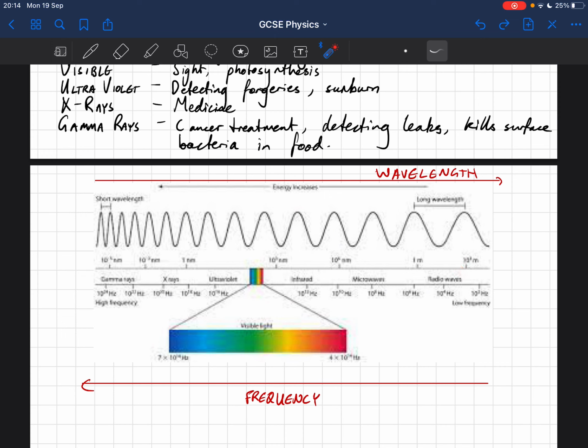So going up in frequency, we've got microwaves. Then going up again in frequency, we've got infrared. Then our visible spectrum, which makes up this tiny portion here, from 400 nanometers to 700 nanometers in wavelength, or I think it's 4 times 10 to the 14 to 7 times 10 to the 14 in hertz, but don't quote me on that, I need to double check that. Then it goes to ultraviolet, then X-rays, then gamma rays.